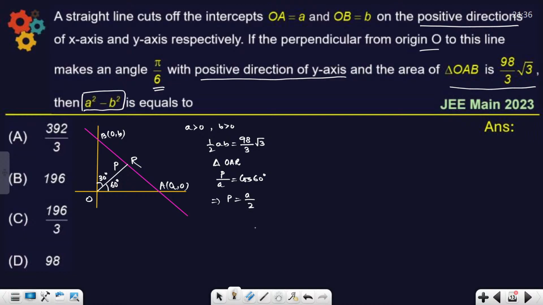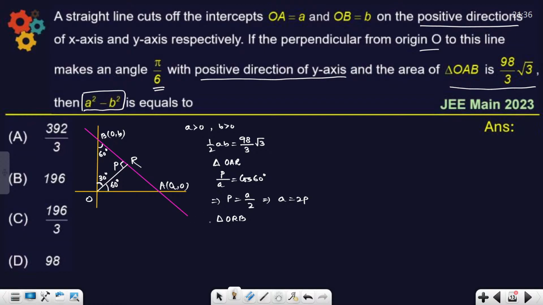Is it clear? Or you can write A as 2P. Now, if this angle is theta, this is 90 degrees, so obviously this angle will be 60 again. Now from the triangle ORB, what can you write?